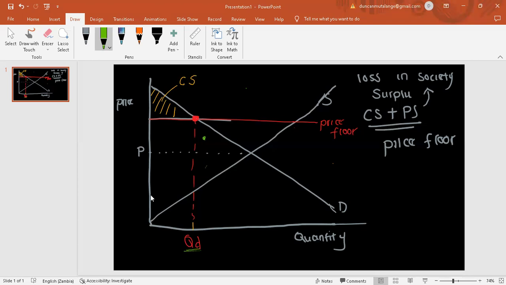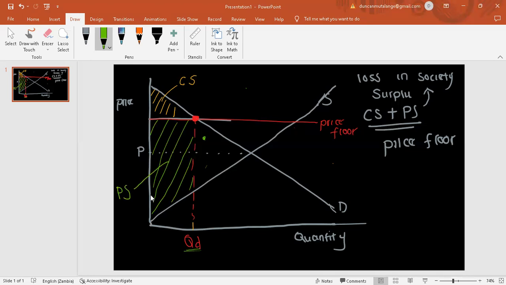So it means for our producer surplus, we have to take the area above the supply curve, below the price, and it should be on the left side of this. So our producer surplus would therefore be equal to this area that I'm shading right here in green. Okay, so this is our producer surplus.